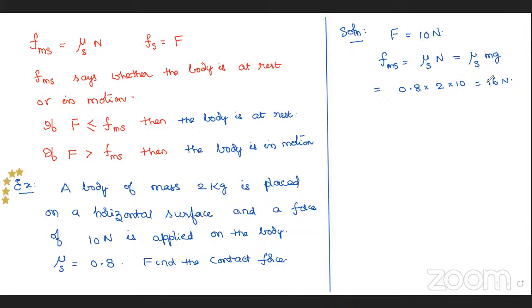So F is less than FMS, the body is at rest. If the body is at rest, friction is static friction, which is always equals to applied force. Applied force is 10. Therefore, Fs is equals to 10 newtons. This is correct.